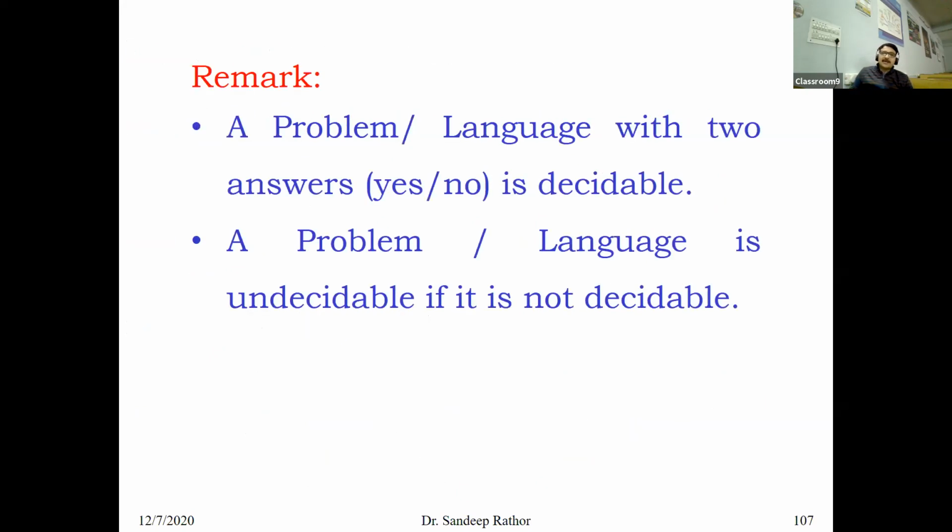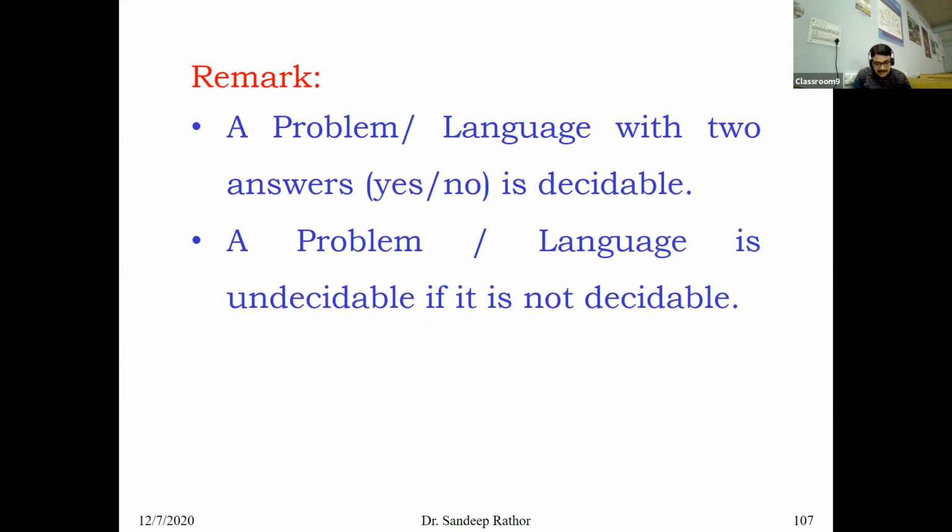But these are the remarkable points that we should keep in mind: a problem or language with two answers. If we have the answer or solution of any problem in the form of yes or no, then this type of problem is called a decidable or solvable problem.